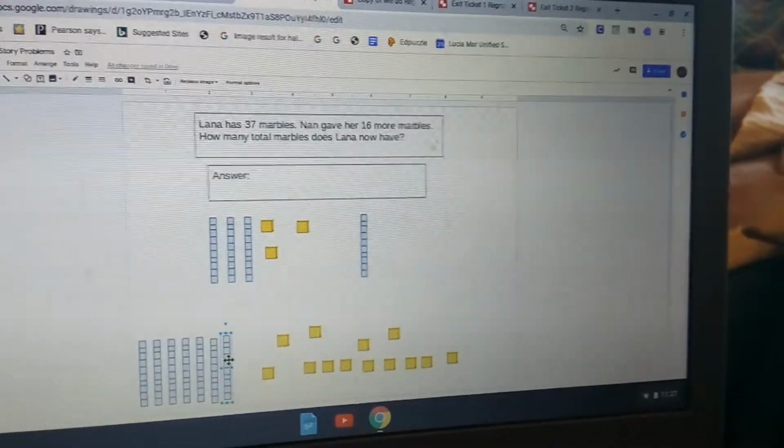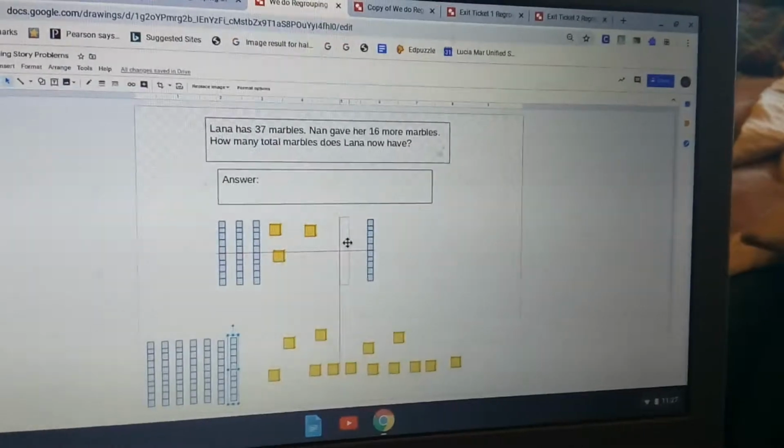Remember, I can't forget to trade that off and get a tens stick.